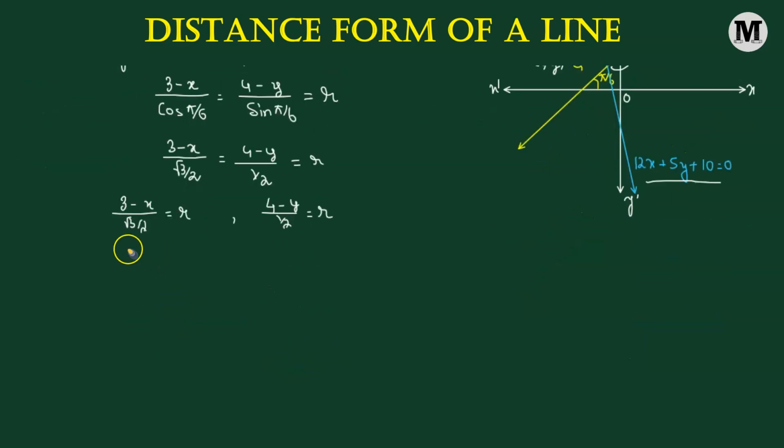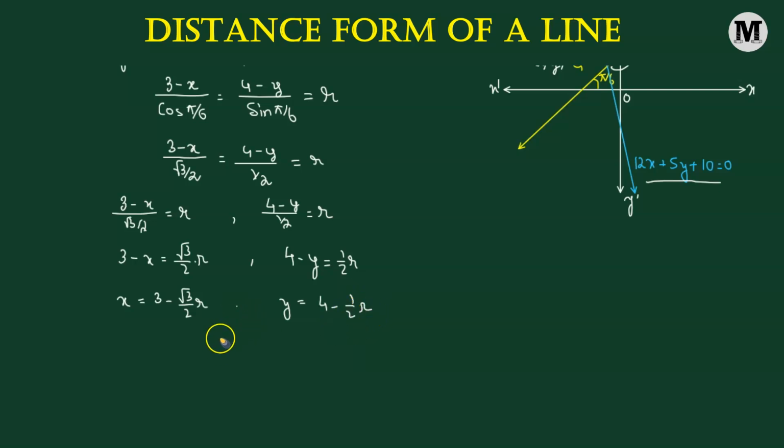Now we can simplify this expression to write the equation in terms of x. So 3 minus x equals square root of 3 over 2 times r, or x equals 3 minus square root of 3 over 2 times r. And then 4 minus y equals half of r, or y equals 4 minus half of r.